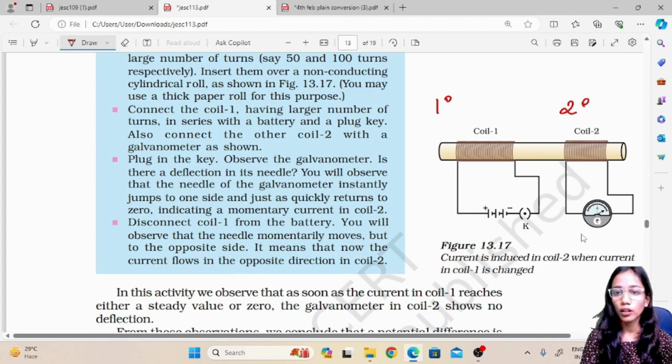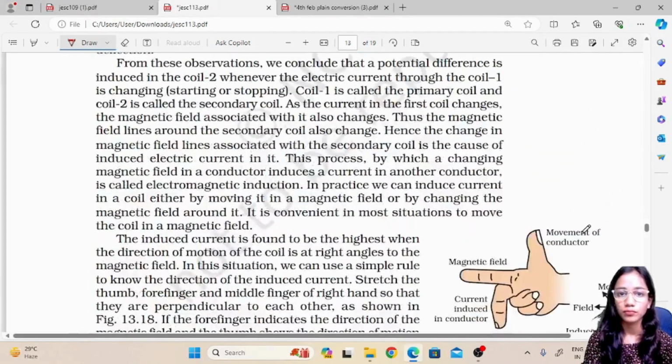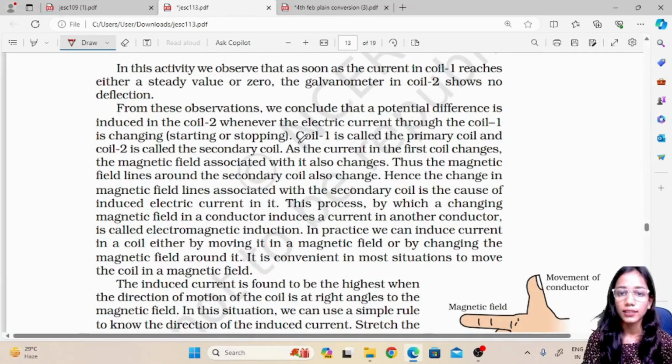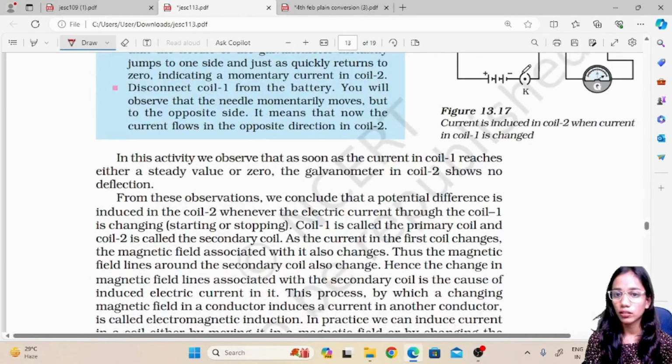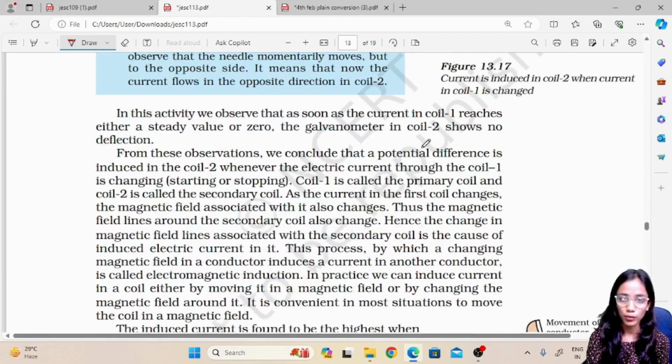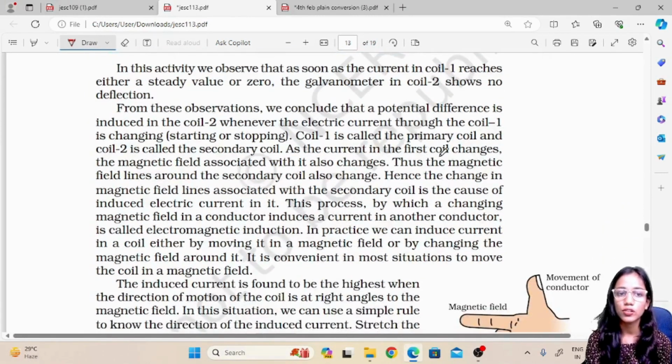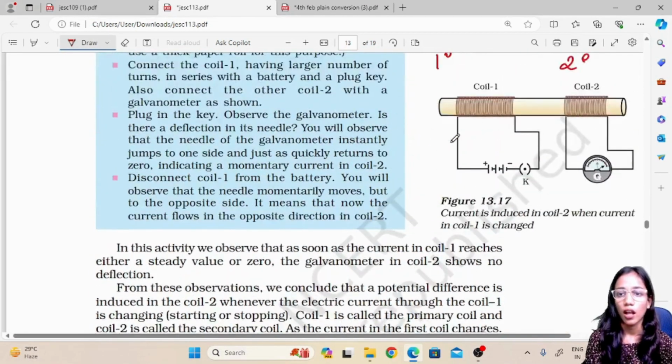Okay, now what was seen over here? They put the key and there was current produced. As the current in the first coil changes, the magnetic field associated with it also changed.